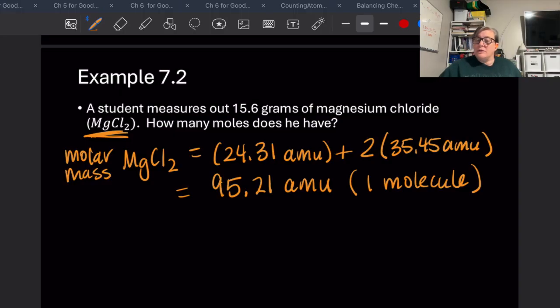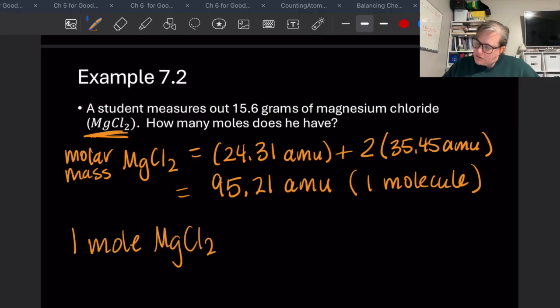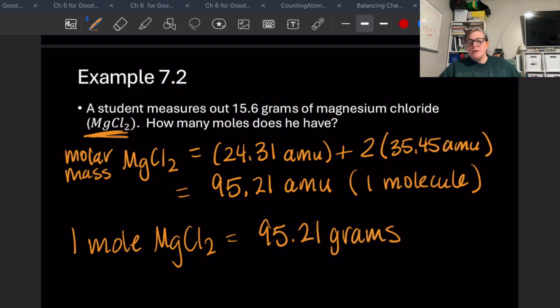So how much does 1 mole weigh? So 1 mole of magnesium chloride in grams is 95.21 grams. So the difference between these two things is we're talking about either 1 molecule and how many atomic mass units, or 1 mole, which is a whole bunch of molecules, in grams.